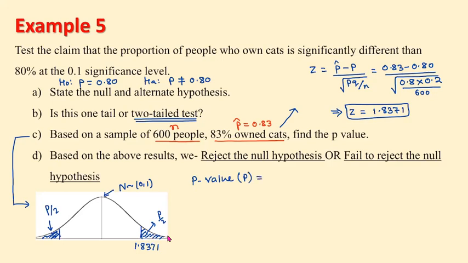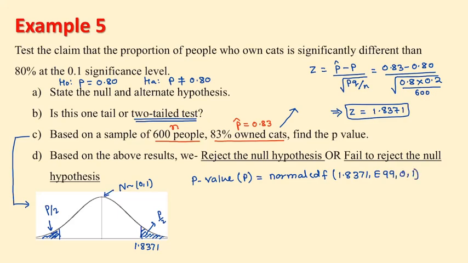In order to find this area, we use the normal CDF in our calculator. For this area on the right, the lower boundary is 1.8371. The upper boundary will be infinity or E99. Mean is 0, standard deviation is 1.